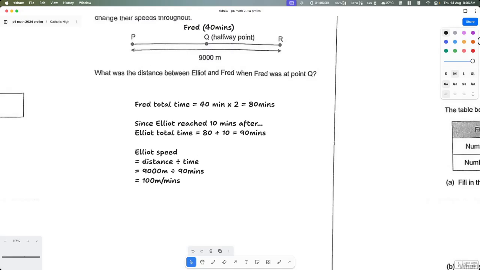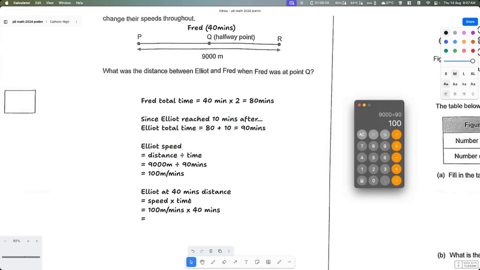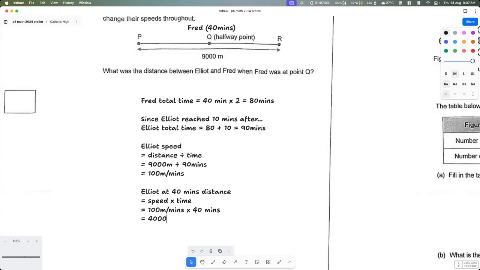So at 40 minutes, Elliot's distance is equal to speed times time. So speed is 100 meters per minute times time, which is 40 minutes. This will give us 100 times 40, which I think you probably know is 4,000 meters.